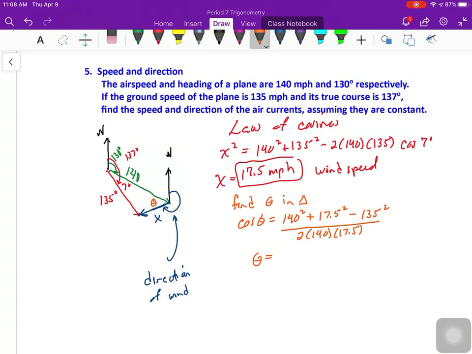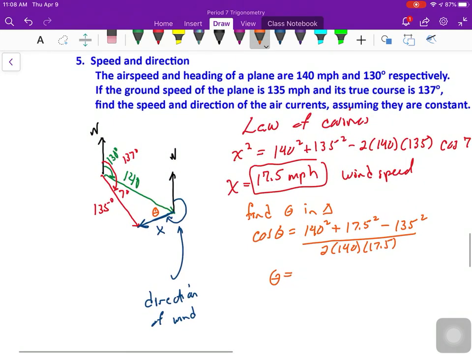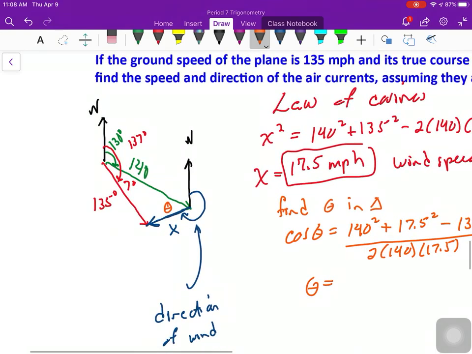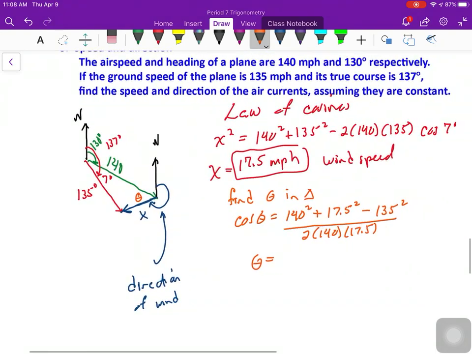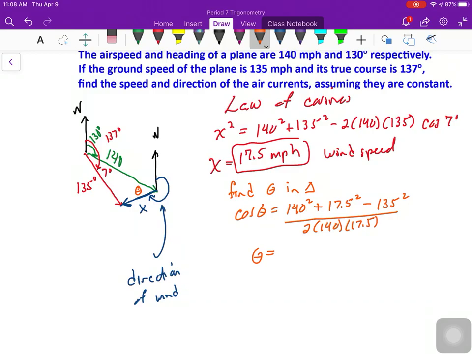So theta comes out to be inverse cosine 140 squared plus 17.5 squared minus 135 squared, that whole quantity divided by 2 times 140 times 17.5. 69.9 degrees.